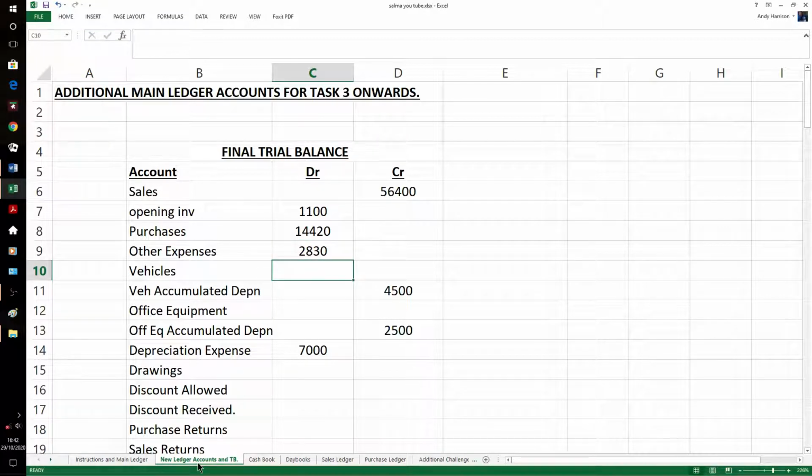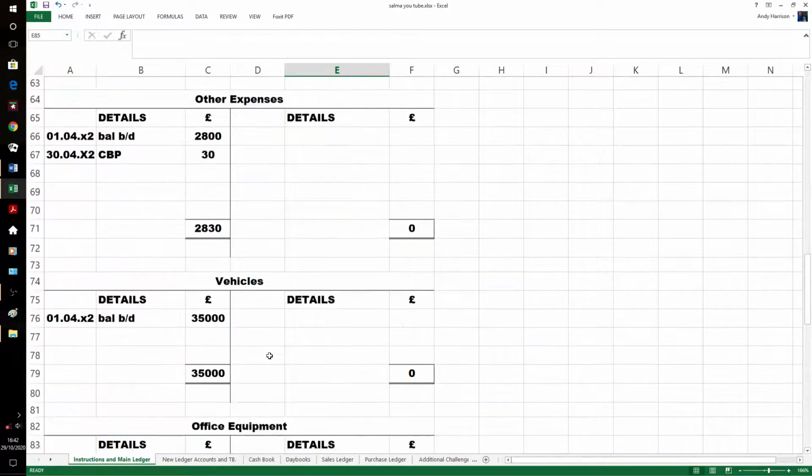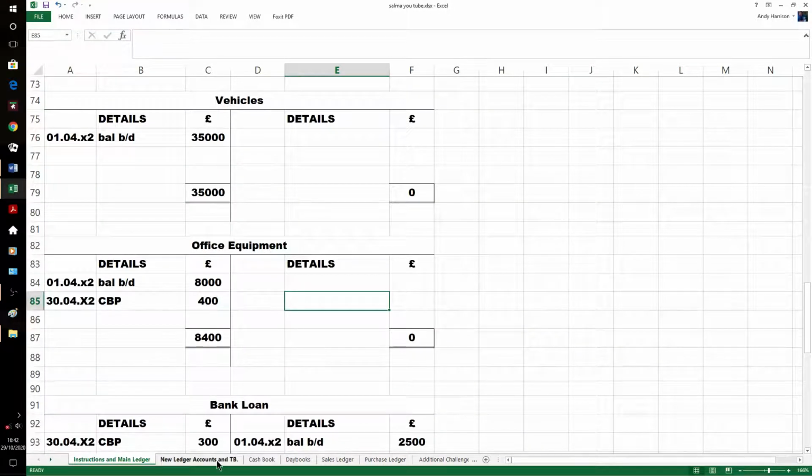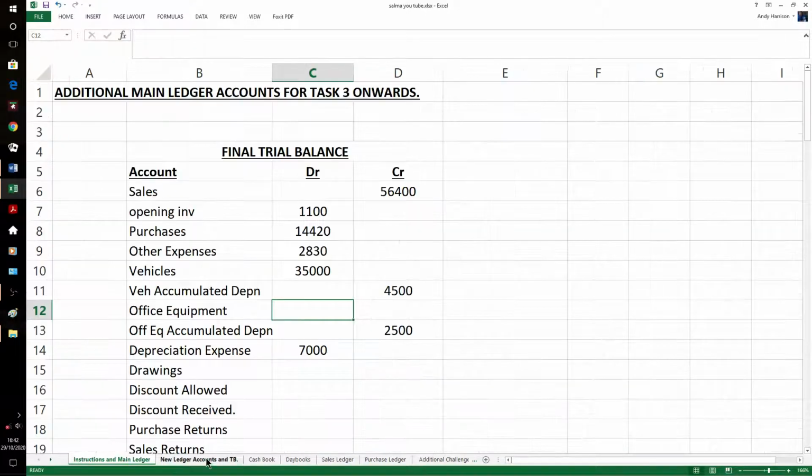Our vehicle hasn't actually changed. It was 35,000. Although it's worth less in our books, it's now worth 30,500. We still record the original price and how much it's depreciated by. Our office equipment is one that's changed, but actually all we've done is add the £400. So I'm not going to waste too much time balancing that one off.